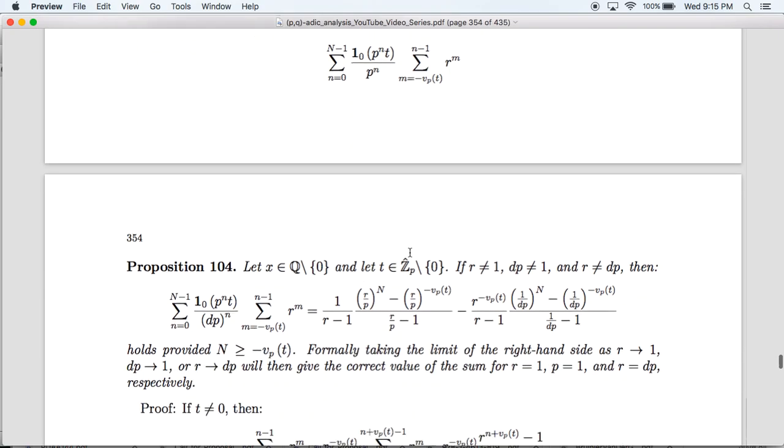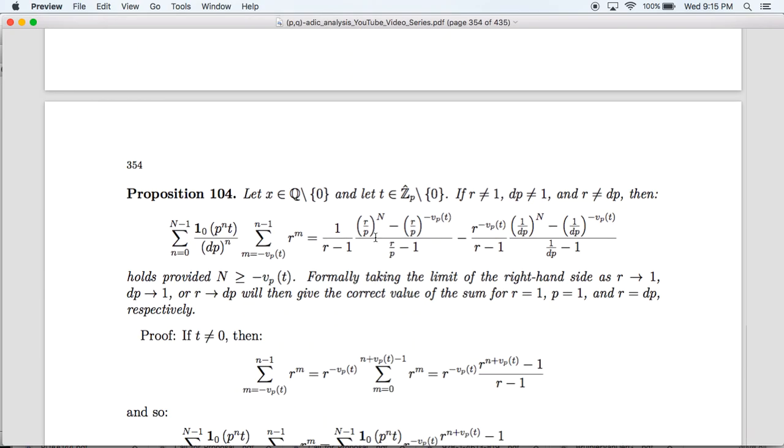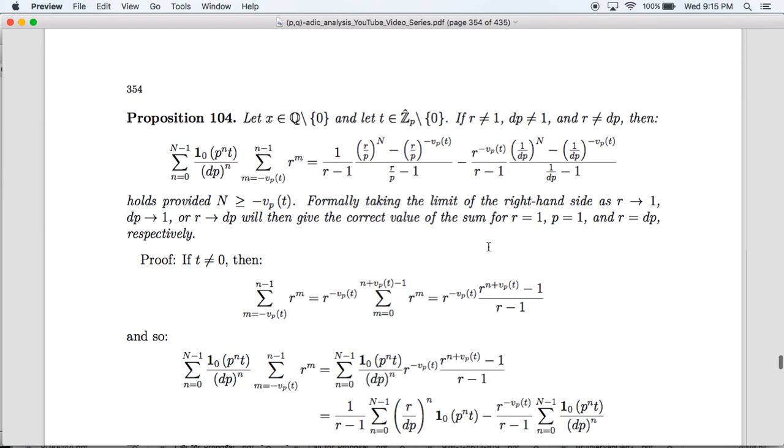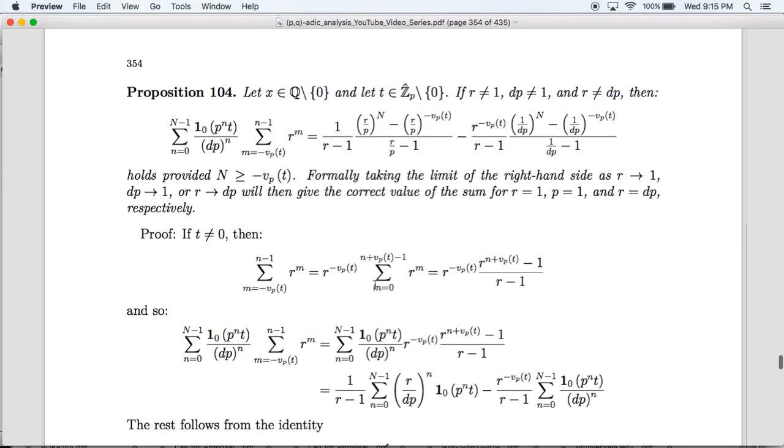And so the way to make sense of this is, if r equals 1 or dp equals 1 or r equals dp, just take the formal limit, like just pretend it's real numbers and everything, and do the limit as you would in a calculus 1 class, use L'Hopital's rule, and you will end up getting the correct value.